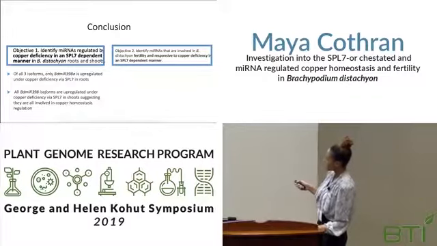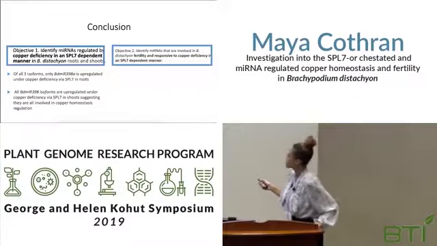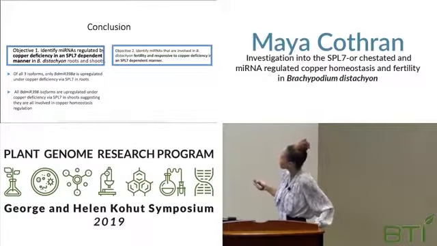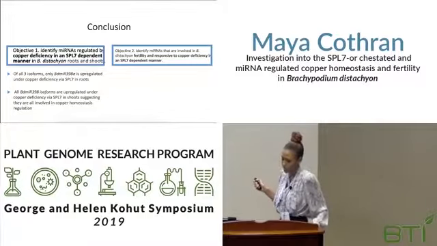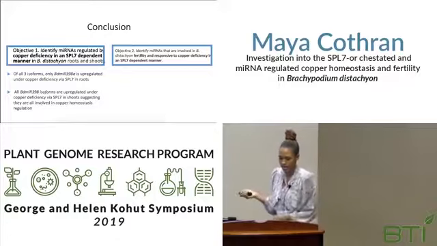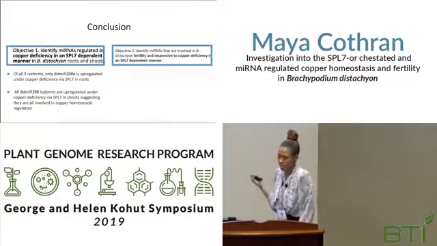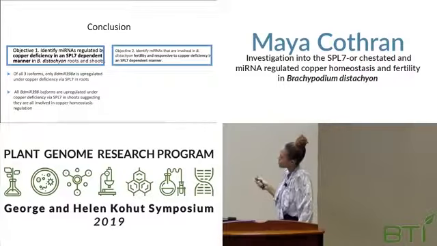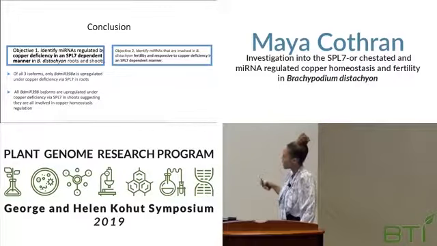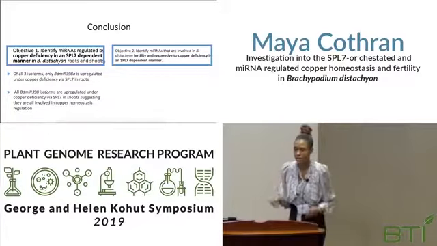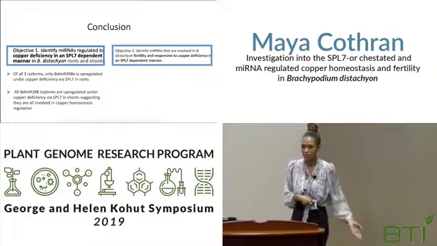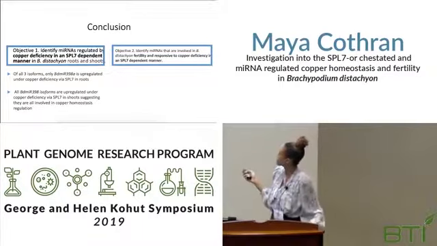And among all of the isoforms, microRNA 398A is upregulated under copper deficiency via the roots. So we see something interesting in A, but I would also like to point out that this conclusion I have here down at the bottom is consistent with what we have found in Arabidopsis.